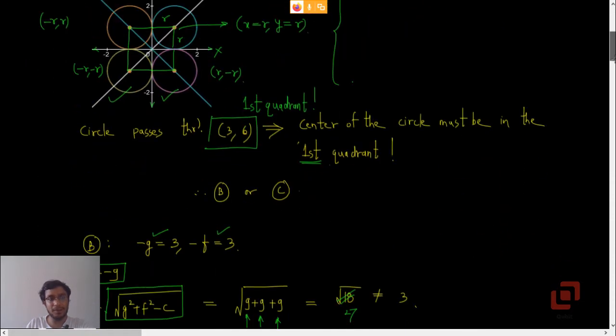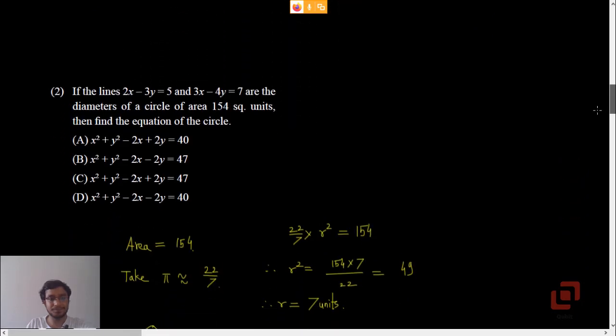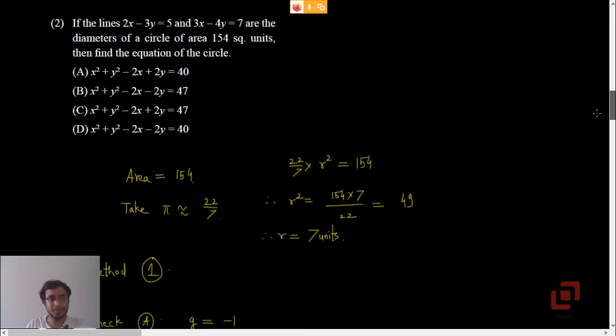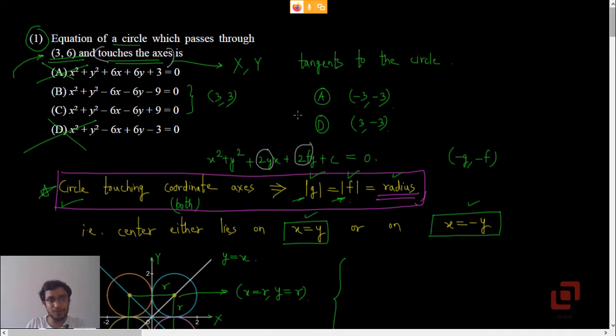Let's go to the second. Yeah, in fact, I want to tell you one more thing about the first problem. Did you observe that the x coordinate of the point given in the problem and the x coordinate of the center of the circle are both identical?